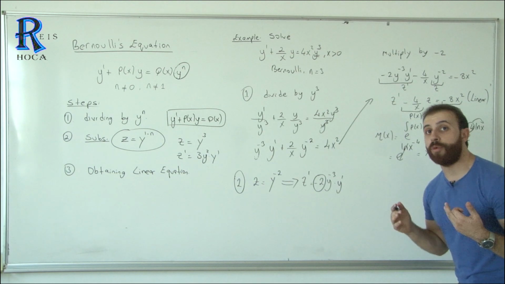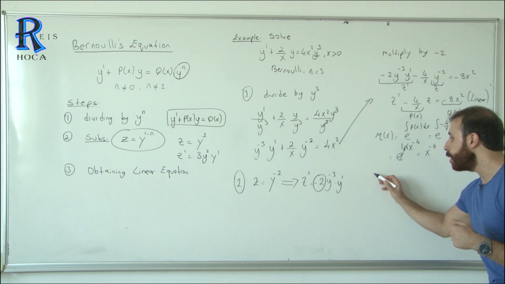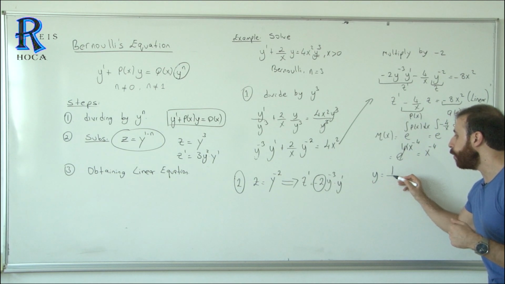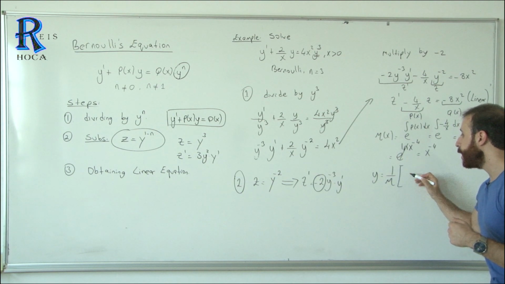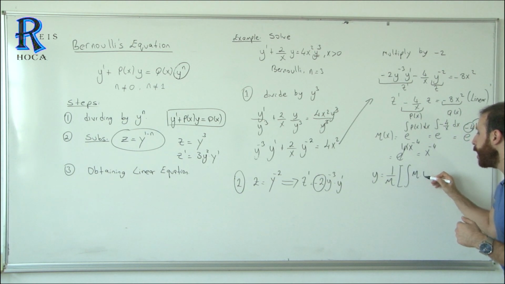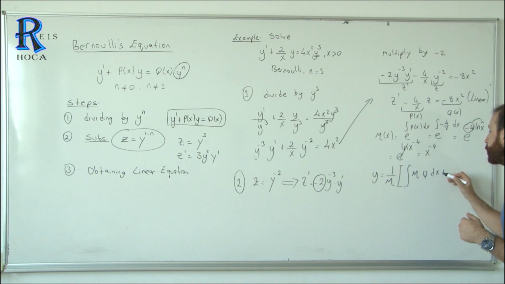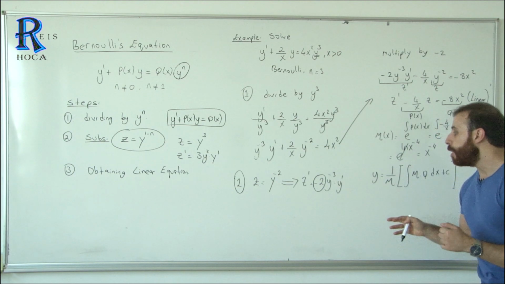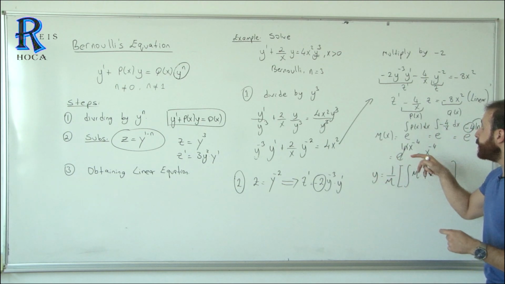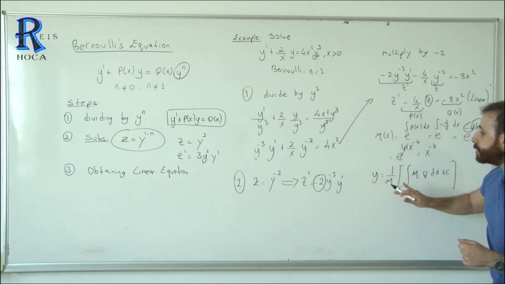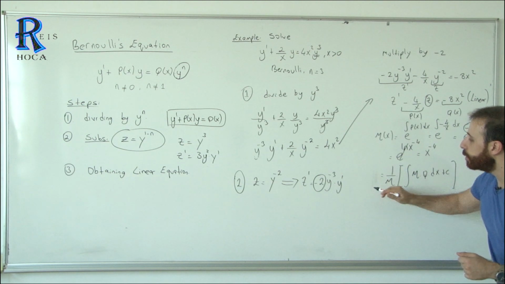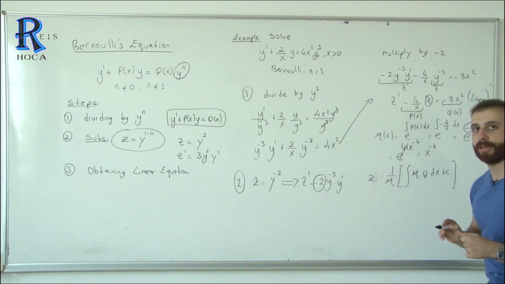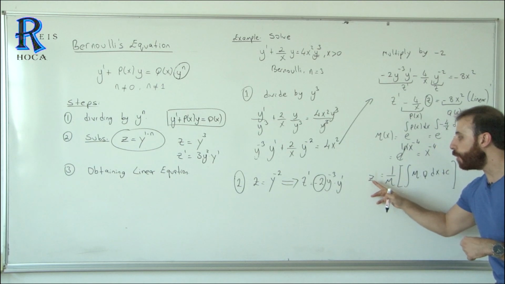What is the formula for linear? It was y equals 1 over mu times the integral of mu times q dx plus c. This is the formula for linear. But there it was y, and here instead of y we have z, so make it z. Let's continue. What is z?